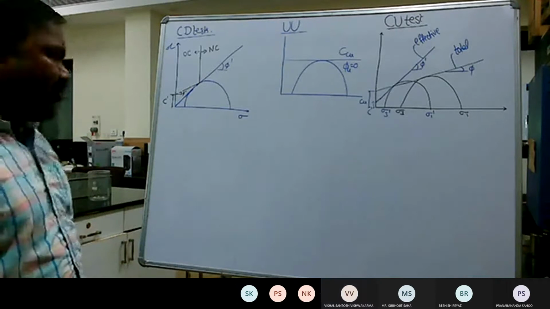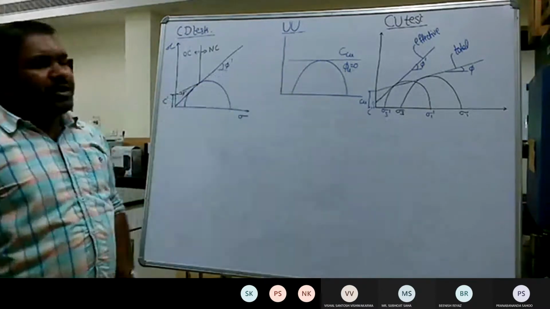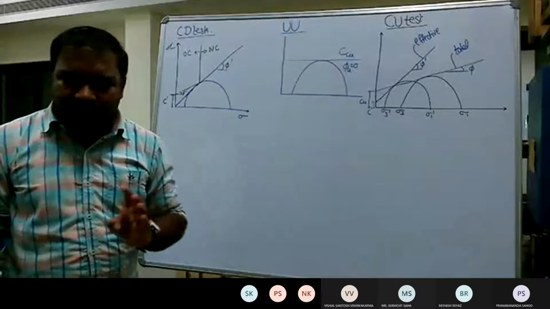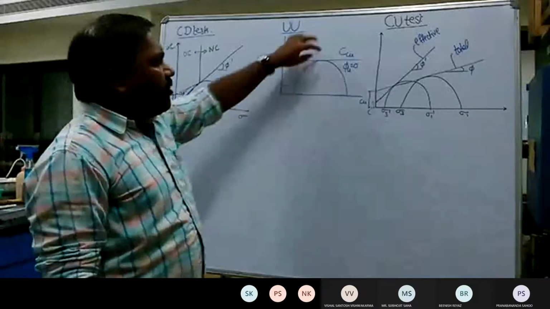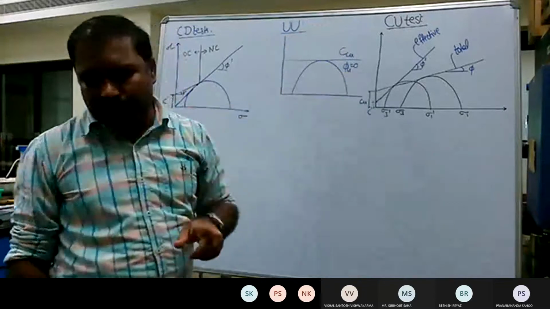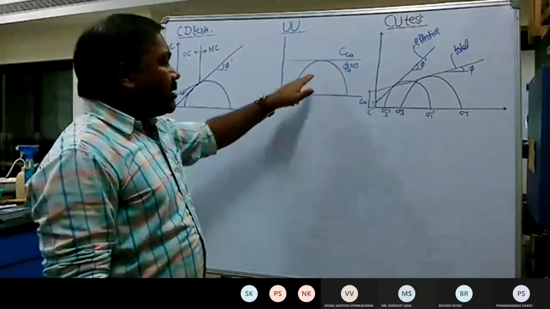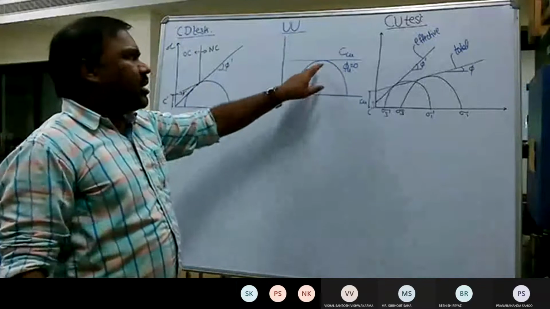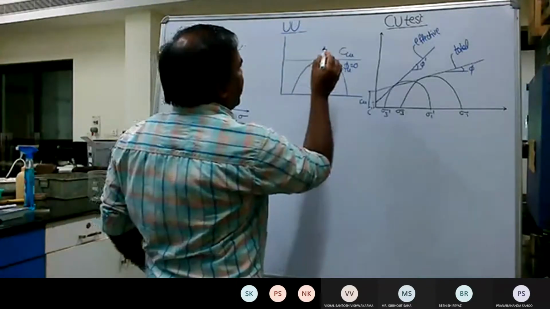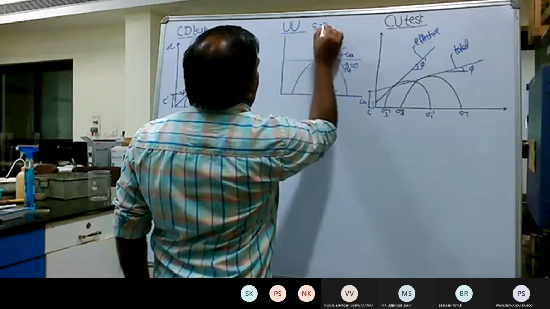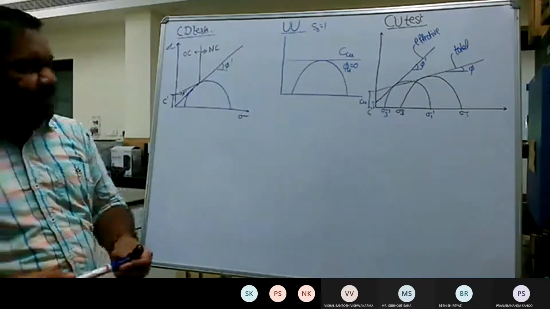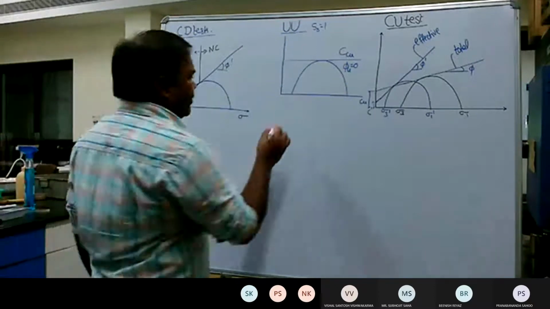Okay, so now if you conduct any UU test, unconsolidated undrained, just imagine that you are not measuring any pore pressure parameters. It is only the undrained condition, where the friction angle is 0. This is assuming that the sample is fully saturated, so your S_r is unity, degree of saturation is 1. Now we have also seen that there is an effect of degree of saturation on the UU testing.